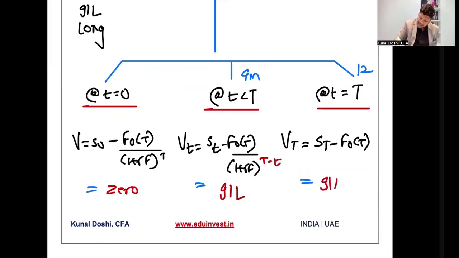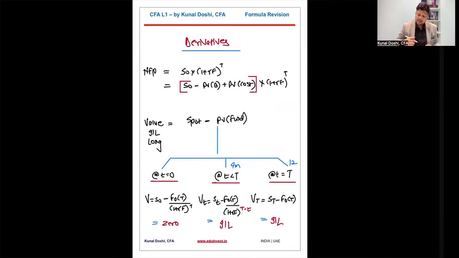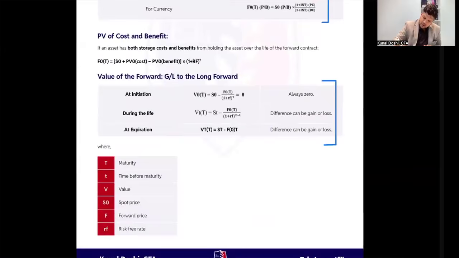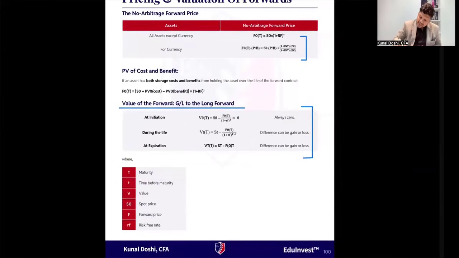So later on it can be gain or loss. Understood the pricing and valuation of forwards? I have written it properly here in the notes also. You can check it out here. Value is always gain and loss for the long. At inception, it is always 0. During the life, it can become gain or loss for the long.